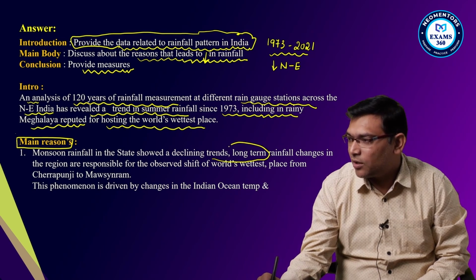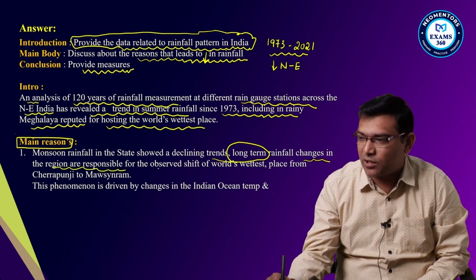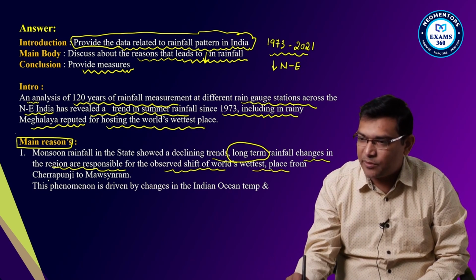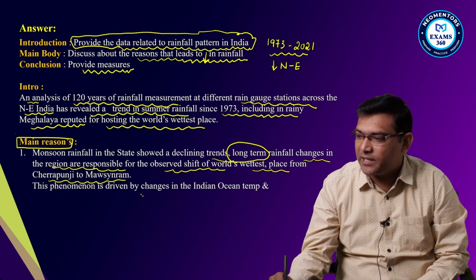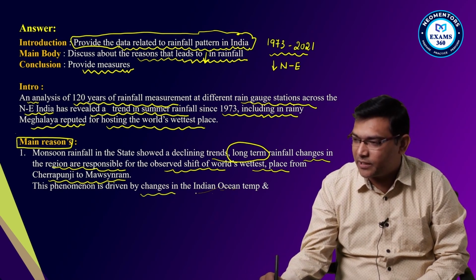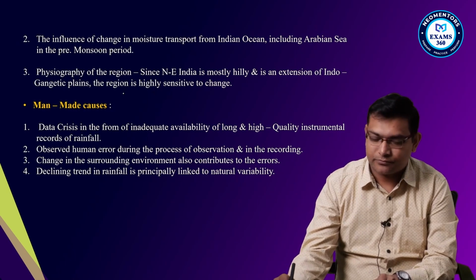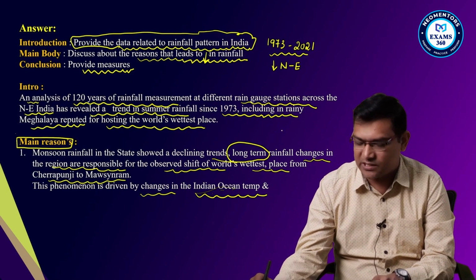Long term rainfall changes in the region are responsible for the observed shift of the world's wettest place from Cherrapunji to Mansinram. This phenomenon is driven by changes in the Indian Ocean temperature, that is sea surface temperature. It is nothing but sea surface temperature.